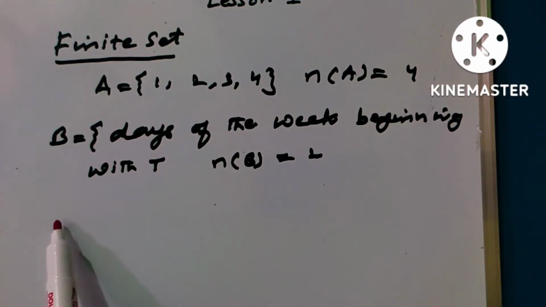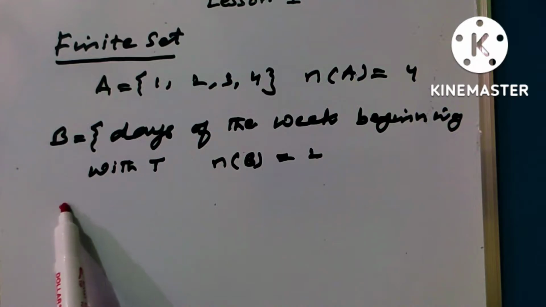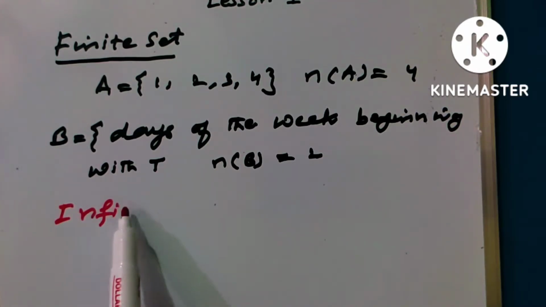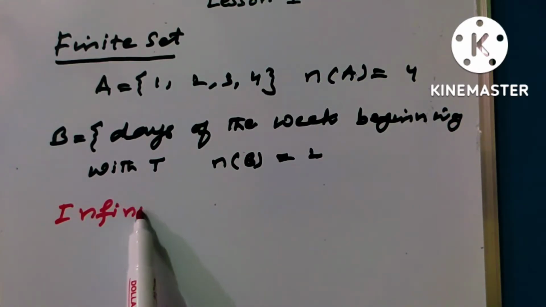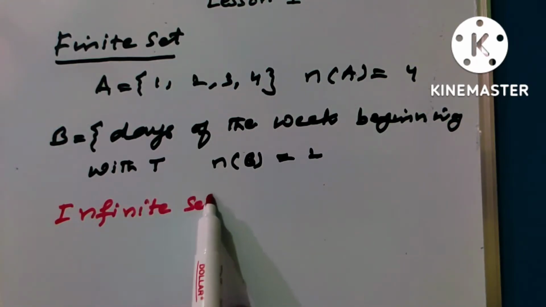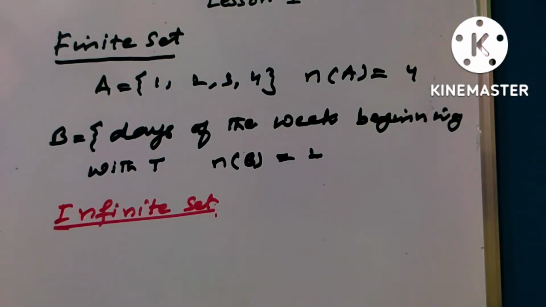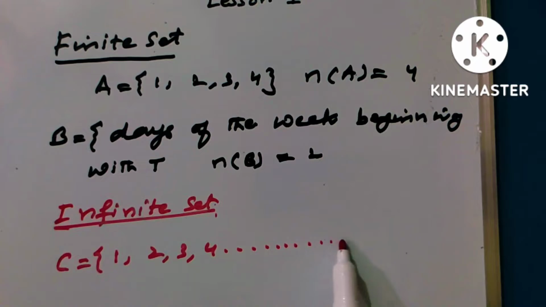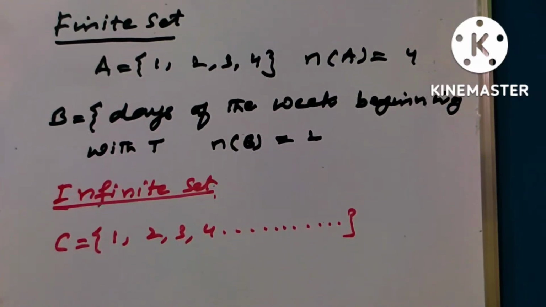The second one is infinite. Just like the set of natural numbers that goes on and so on, cannot be stopped, undefined, unlimited.